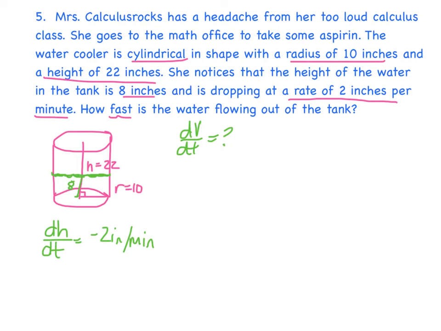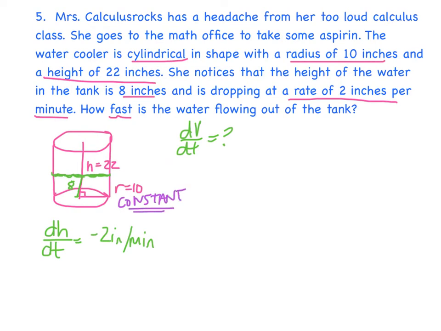The only thing that's changing is the height of the water inside the cooler. And so when I start my formula with volume, it is important to understand that my radius here is constant. Okay, and just like when we had the right triangle problems, we want to mark that down so we know that.